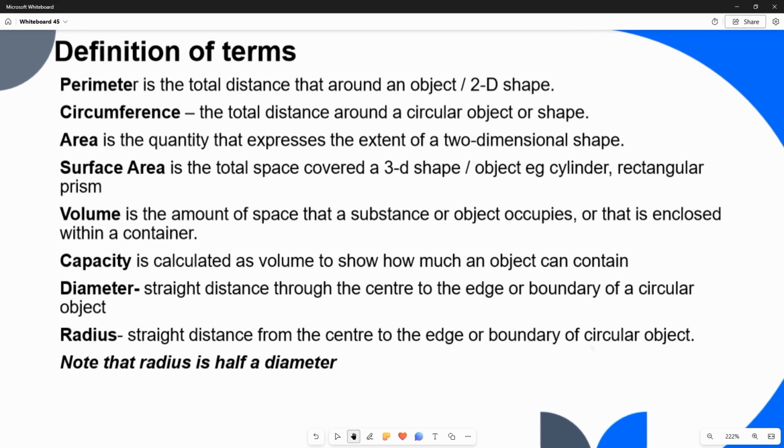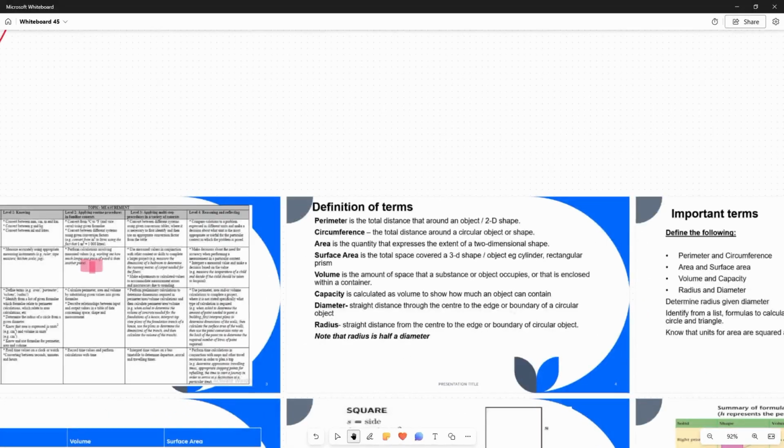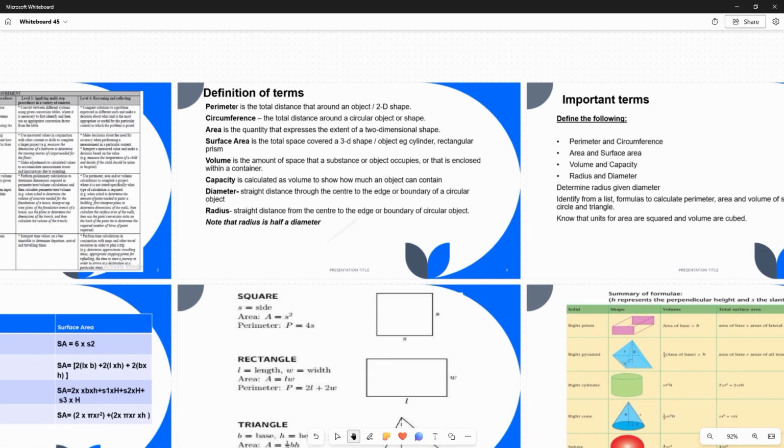This is the way you define them, as I have been showing in the previous slide. This is how you define these terms. I hope you're seeing it clearly. Thank you. Let's now move to the calculations, the formulas we use.